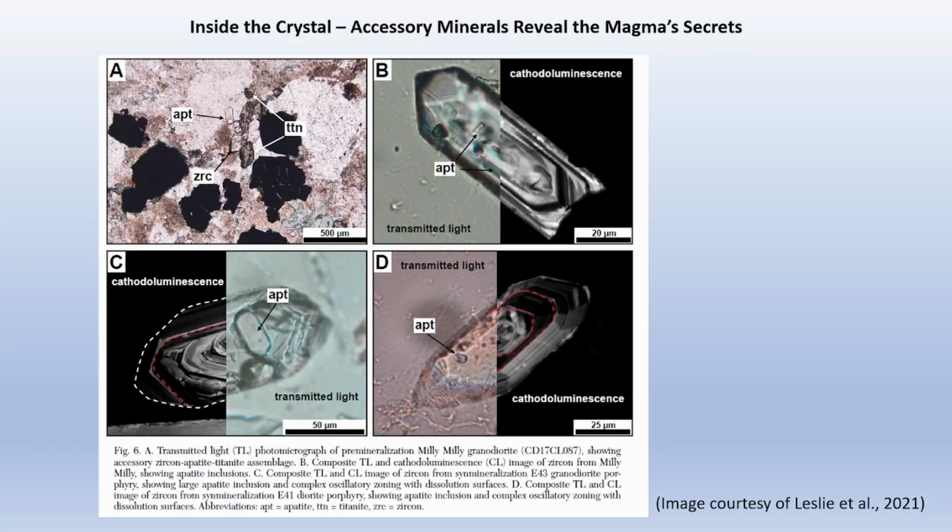These textures point to episodic crystallization, which was interrupted by magma recharge or fluid influx. In panel D, we have zircon from E41 diorite porphyry. Again, it's showing apatite inclusions and pronounced dissolution surfaces.